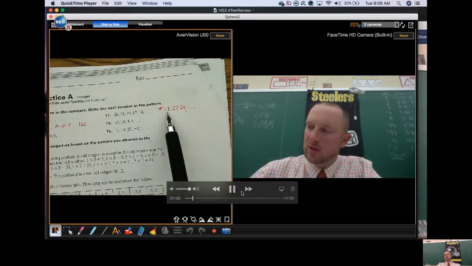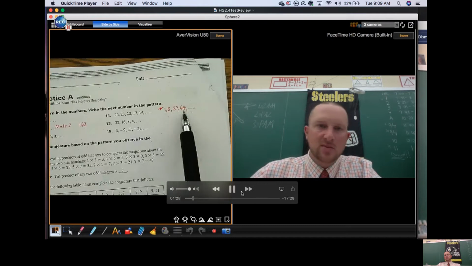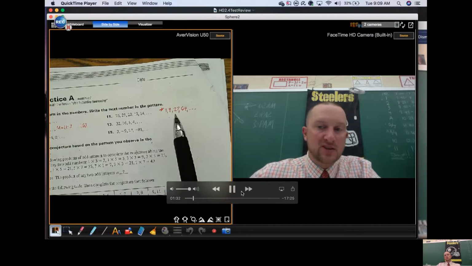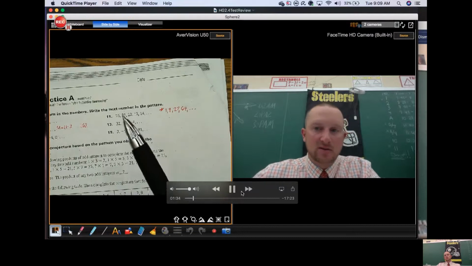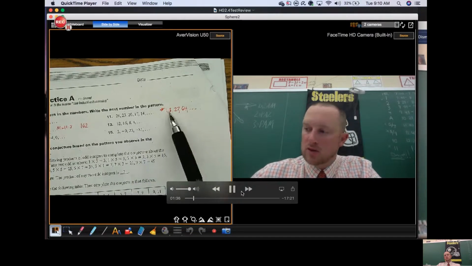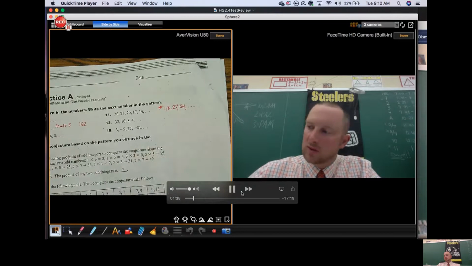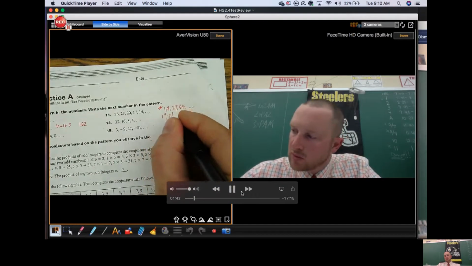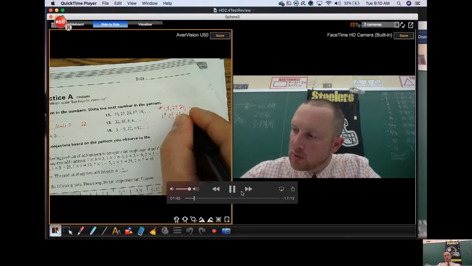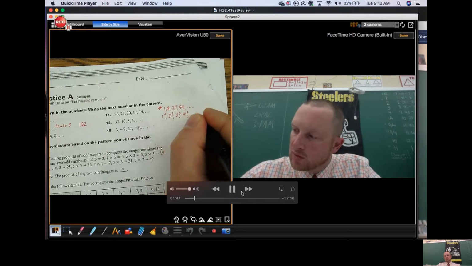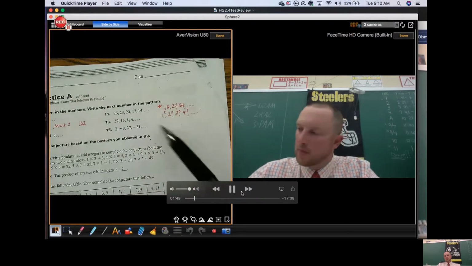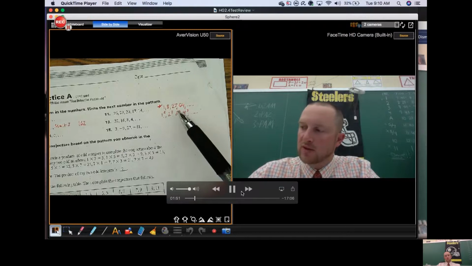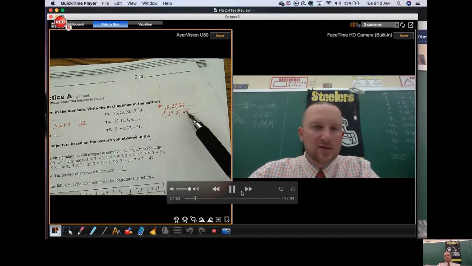Remember in class we did a problem like this, kind of stumped us. Remember your operations: addition, subtraction, multiplication, division. Well, you could also use exponents, and that's what we used on this one, if you remember. This was actually 1 cubed, 2 cubed, 3 cubed, 4 cubed, so on and so forth. 1 cubed is 1, 2 cubed is 8, 3 cubed is 27, 4 cubed is 64.